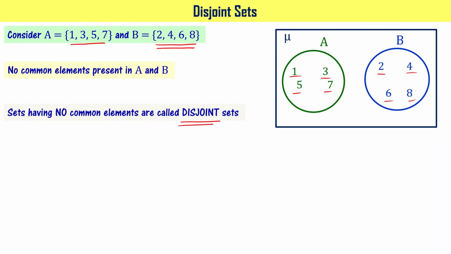Please note this. In this particular case A and B are disjoint sets. When you represent disjoint sets in pictorial form, you will never have the circles overlapping. You are not going to have something like this. These circles are going to be staying away from each other. That is the idea of disjoint sets. Understood?